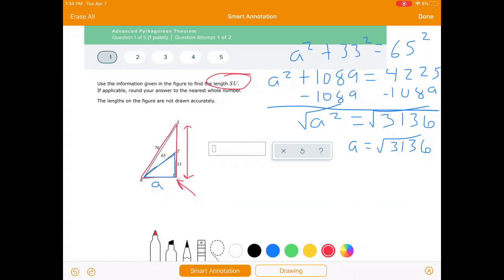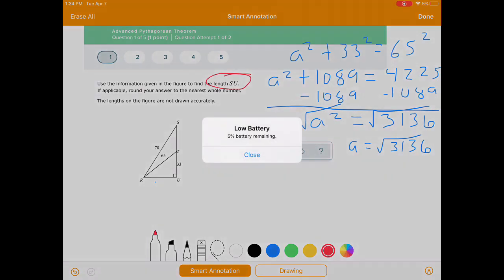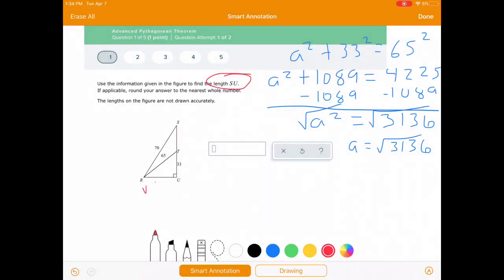So, looking at our bigger triangle now, we just figured out that this bottom part is the square root of 3,136. And we have the hypotenuse of 70. And if we go back to our original question, what is SU? SU is now the missing leg that we're trying to find.